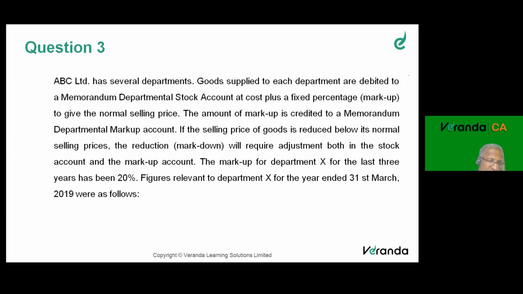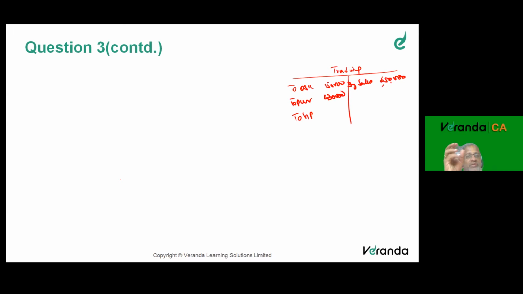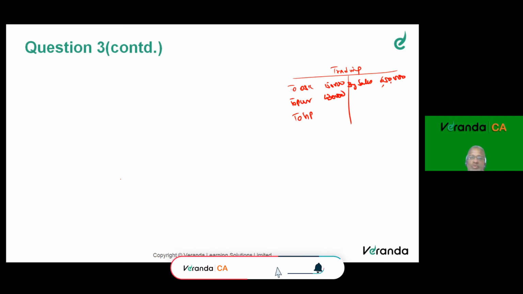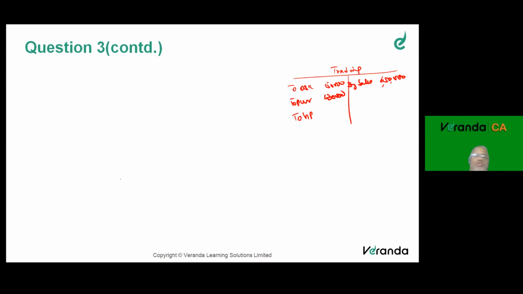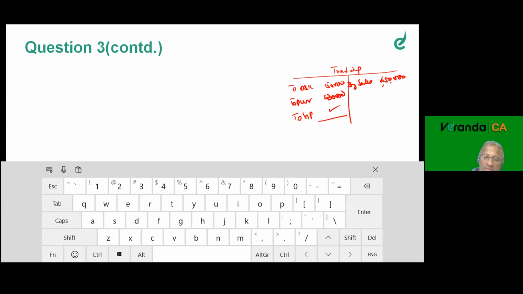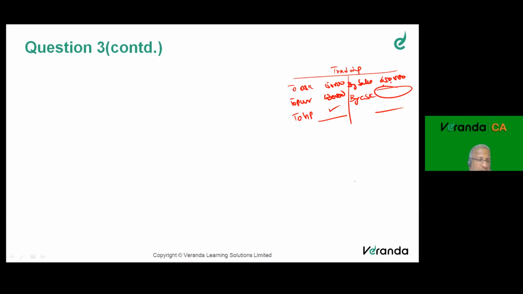They have mentioned it as 20%. With that 20% on the sales figure, whatever markdown you have made, you should deduct in the gross profit to arrive at the figure of gross profit, and closing stock shall be the balancing figure.